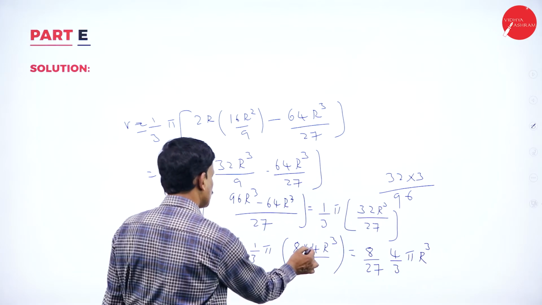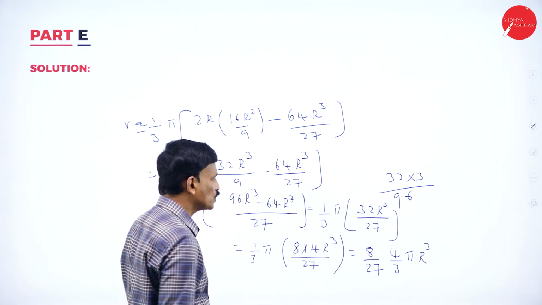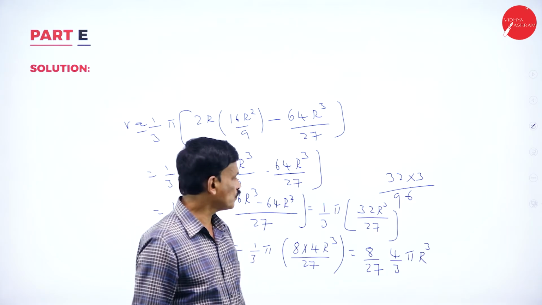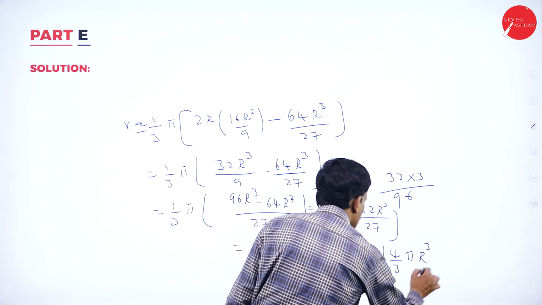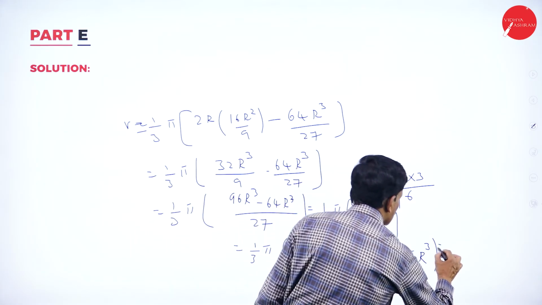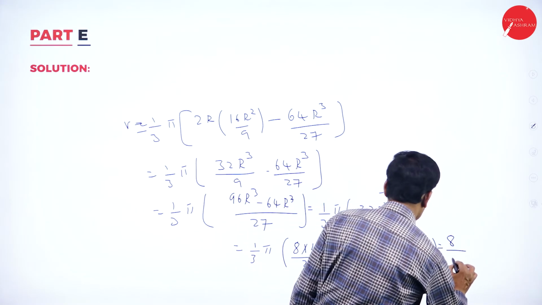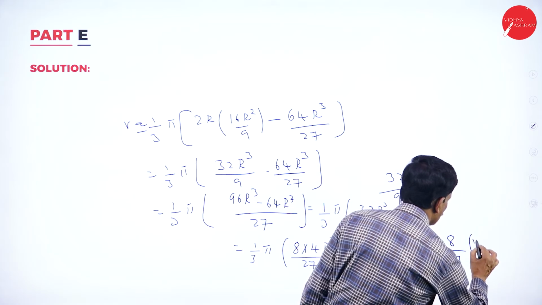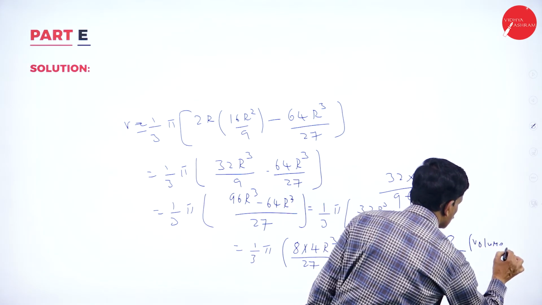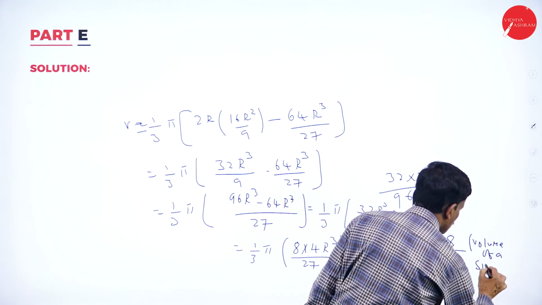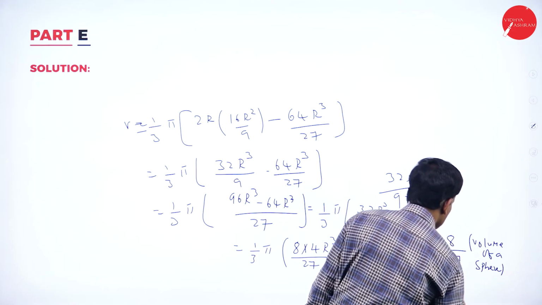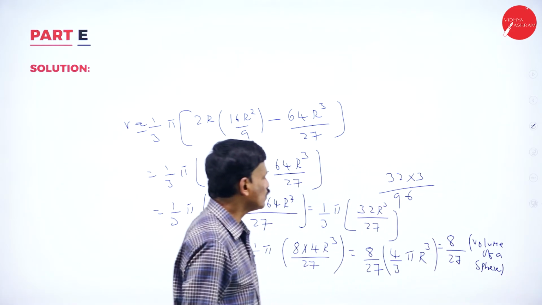Now what is this 4 by 3 pi r cube? This is nothing but the volume of a sphere. Therefore, this can be written as 8 by 27 into volume of a sphere.